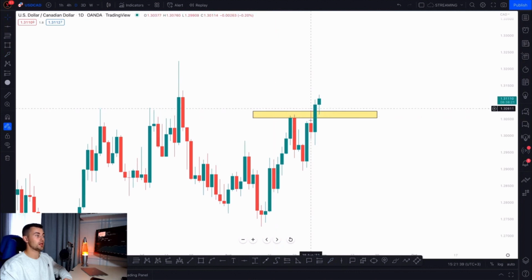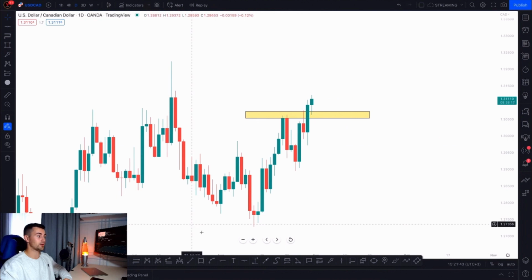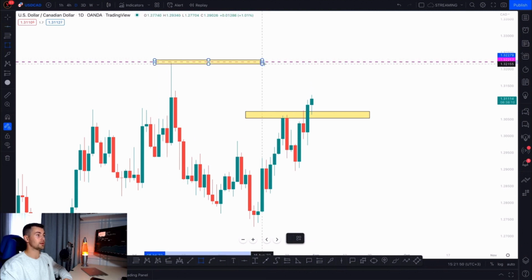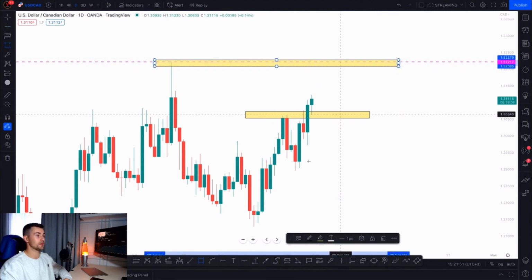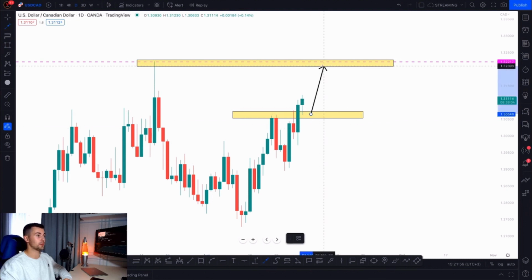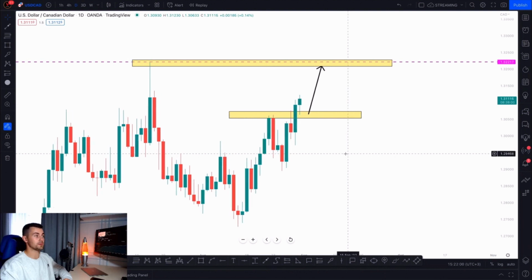And in my view, that violation right here is very important, and the closest strong resistance that we see right now on dollar CAD is right here. Yes, that is the closest structure and focus right now, and I believe that dollar CAD will keep growing to that resistance. Yes, bias here is very bullish.